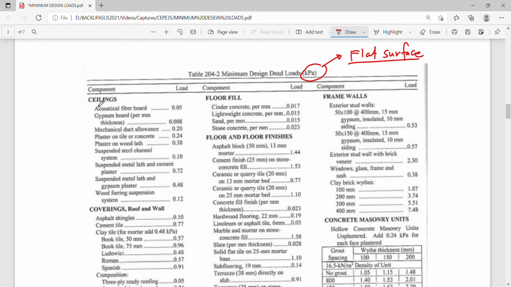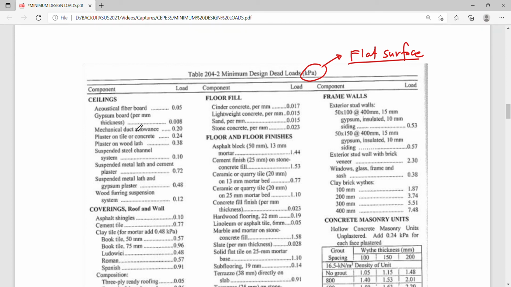Example, if the ceiling is a flat surface, so if you know the area of the ceiling, so you can simply multiply the pressure, so this is a pressure in terms of kilopascal multiplied by the area, you get the force.